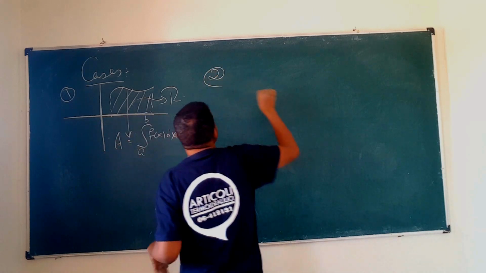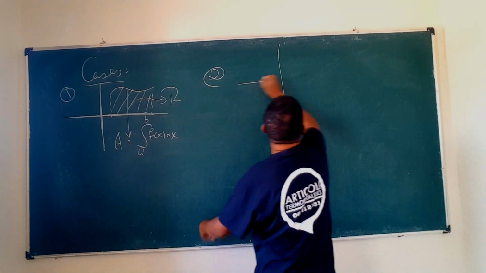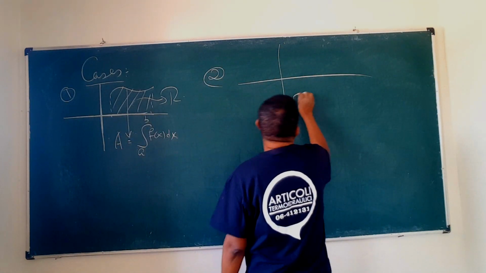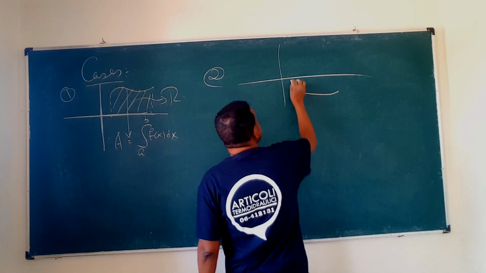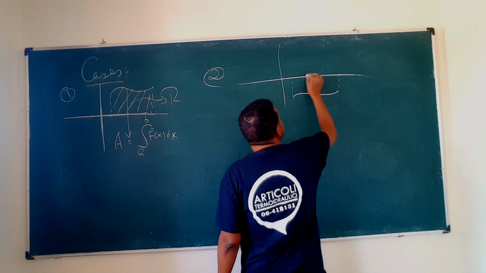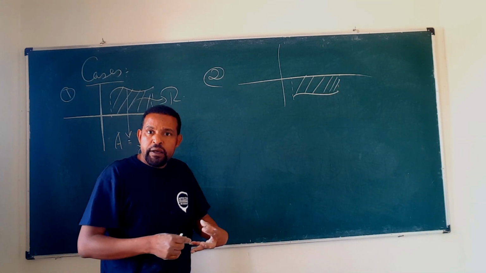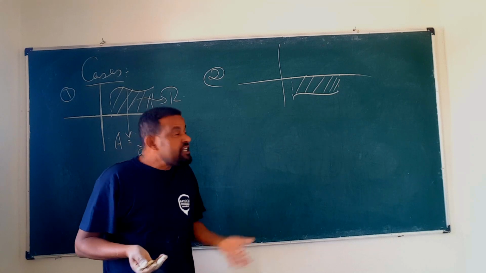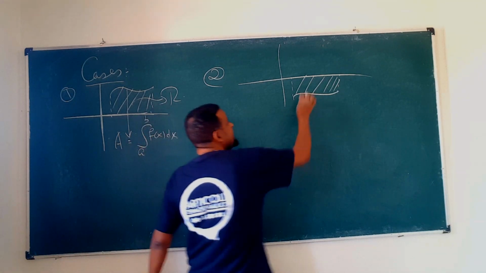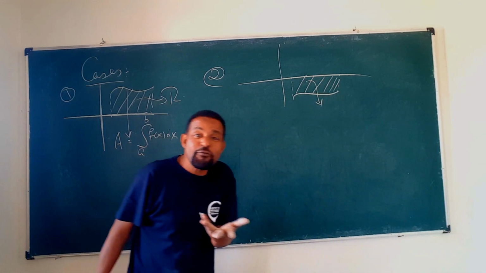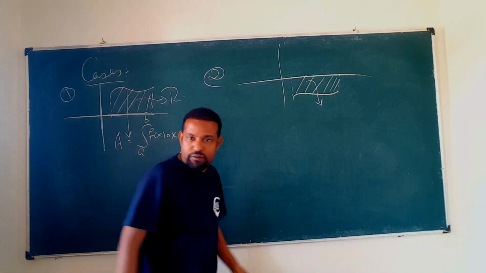Secondly, the region might be below the x-axis. It can be like this, below the x-axis. The region whose area we want can be below the x-axis. In this case the definite integral comes out negative, right?